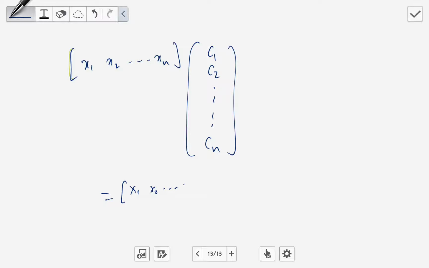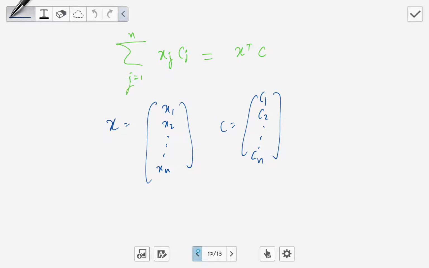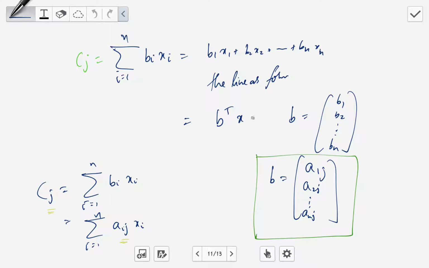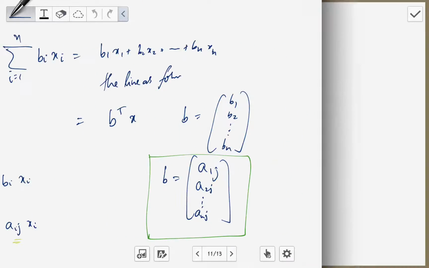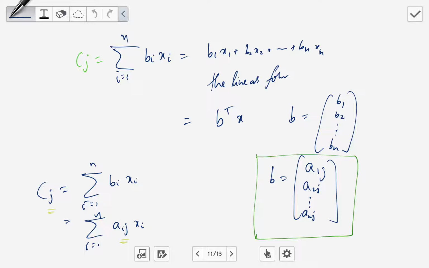This will be b1 transpose x, b2 transpose x, so on up to bn transpose x, because we took each c_j as b transpose x.